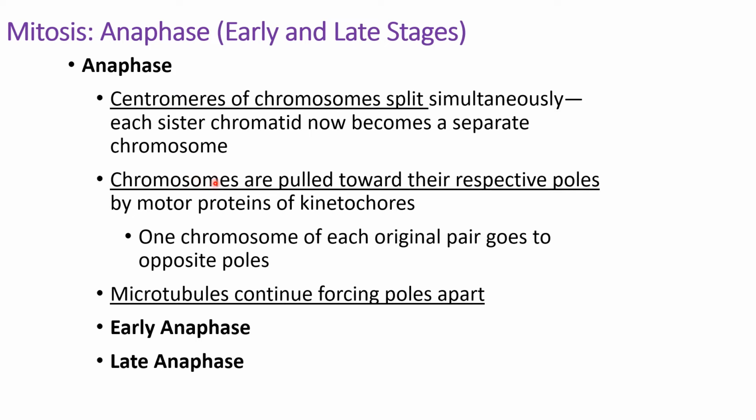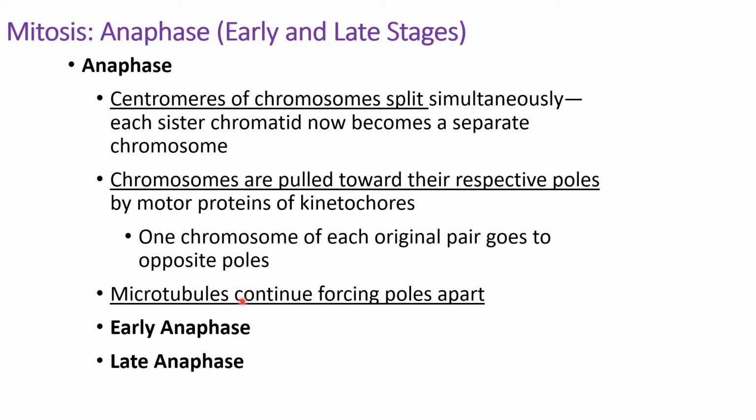And then each chromosome is going to be pulled to the respective pole. So basically, you're going to have a whole set of genetic material going on one side of the cell and the exact same version of that going to another part of the cell at your poles. You could say a North Pole and a South Pole if you want.